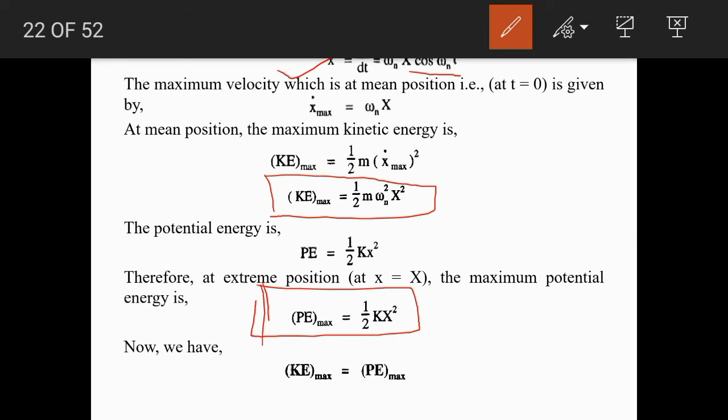Here capital X is the maximum displacement, and it is nothing but the amplitude of vibration. Now we have the statement: maximum kinetic energy at mean position would be equal to maximum potential energy at extreme positions.